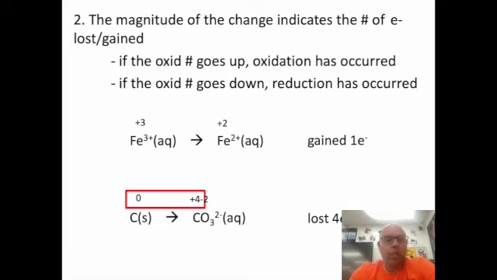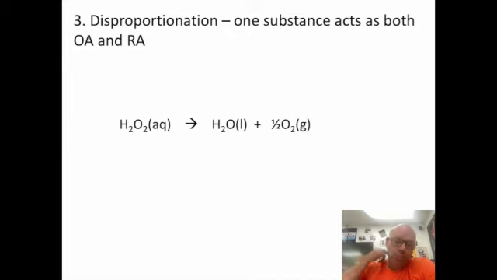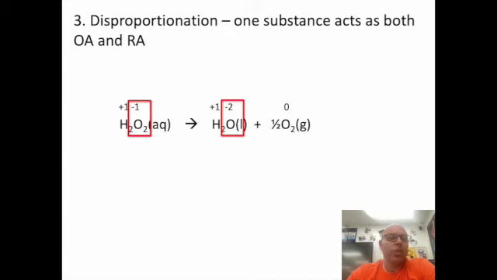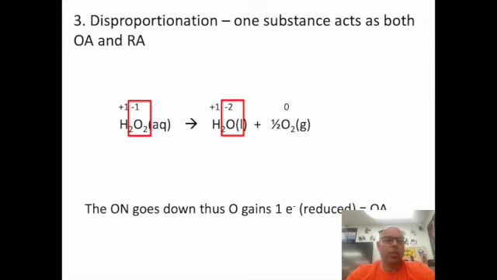Okay? All right. And disproportionation is when one substance acts as both the OA and the RA. So if you look at oxygen, it appears to be going from -1 to -2. If the oxidation number goes down, we've gained 1 electron, which means we've been reduced, so it's the oxidizing agent.